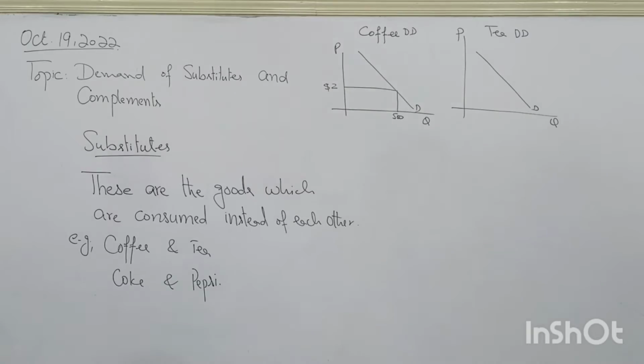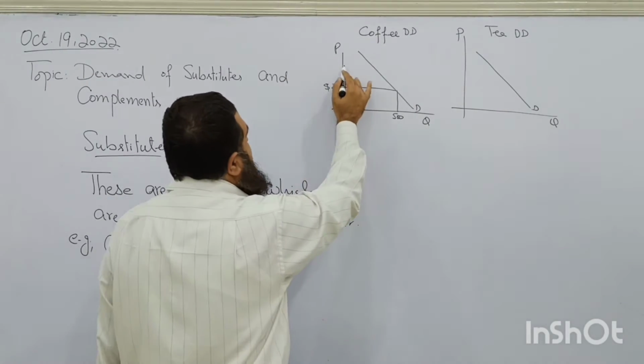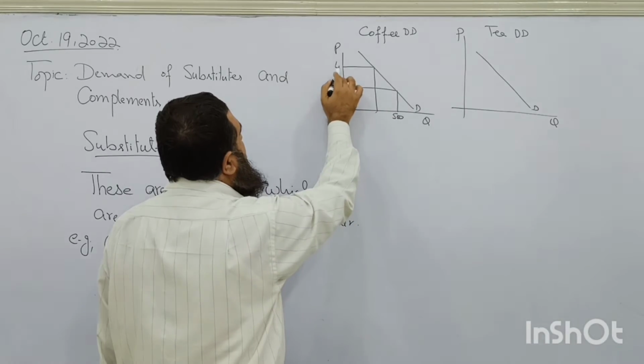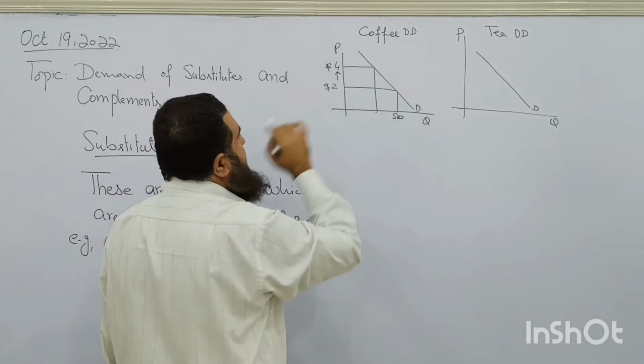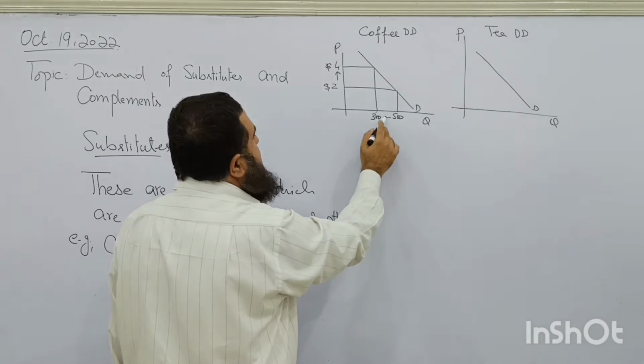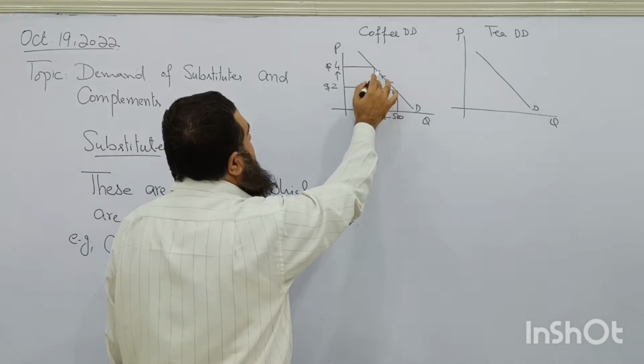So when price is doubled, now $4, price of coffee has increased, therefore we have 300 units of coffee consumed by the consumers.